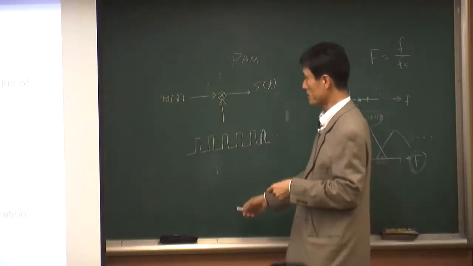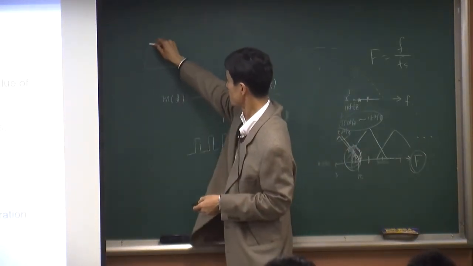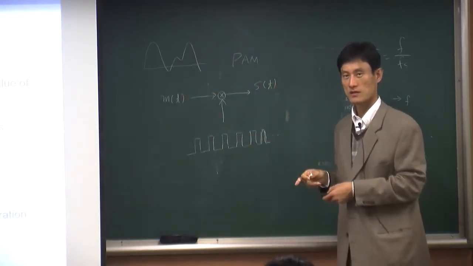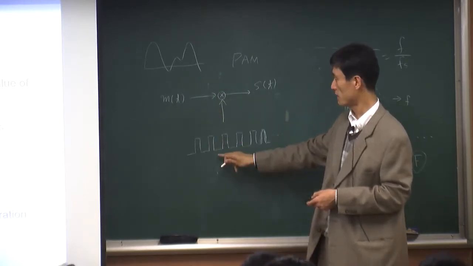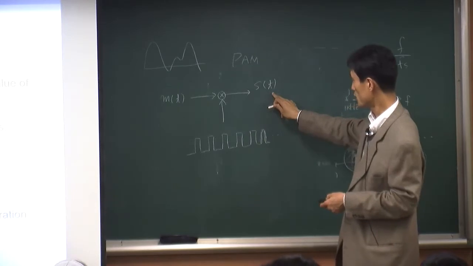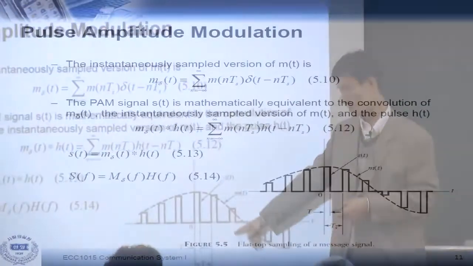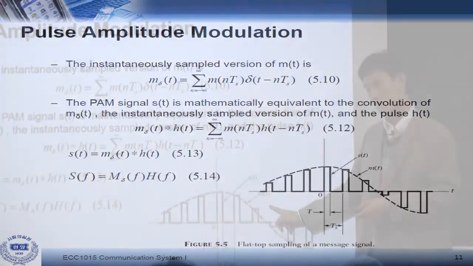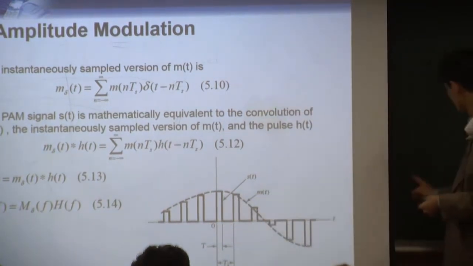Now let's see what happens. Let's say your original message can go up and down, like this. That's your message, m(t). And this message is now multiplied with a pulse train. So what's going to be the output? Here we have some smooth curve, that's our message m(t). This one is multiplied with a pulse train, like this.